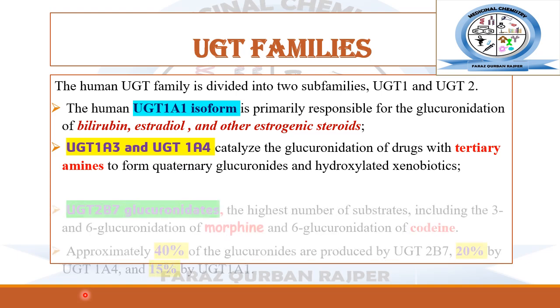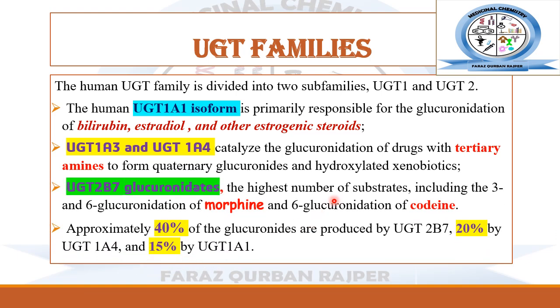And the A3 and A4 family catalyze the conjugation of drugs which have a tertiary amine, and after their conjugation they are converted into quaternary glucuronides and hydroxylated xenobiotics.